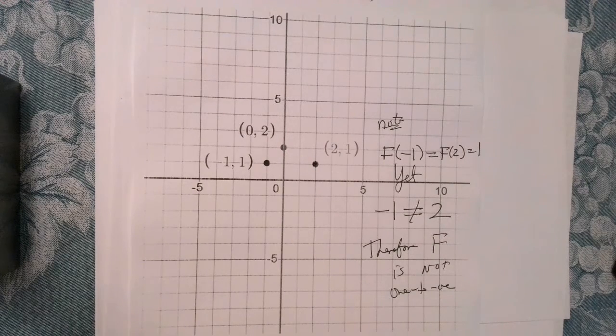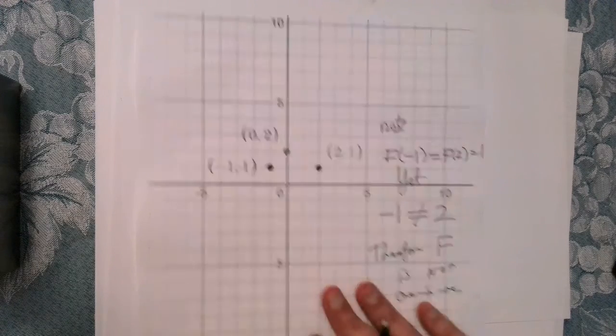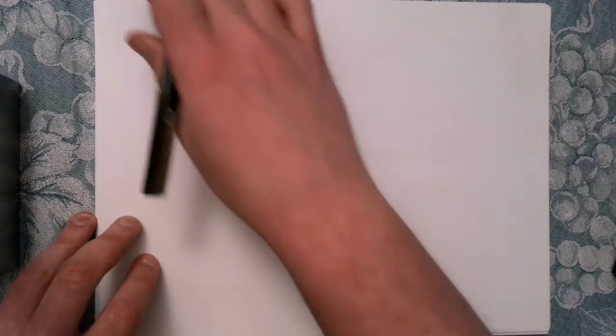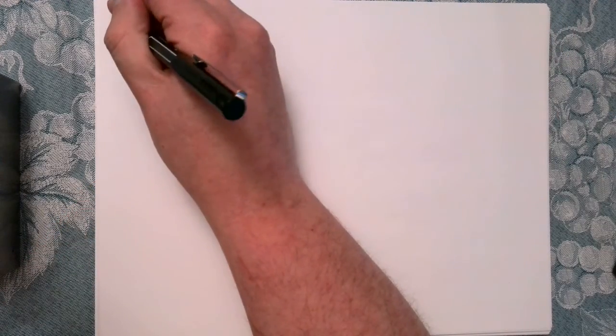Okay, great. So now we've got a way to test if functions are 1-to-1, and that's important because that will tell us if the function has an inverse function or not. So with that said, let's actually practice finding the inverse. We know how to test and see if the inverse exists, but how do we find that inverse? So finally, how to find an inverse.